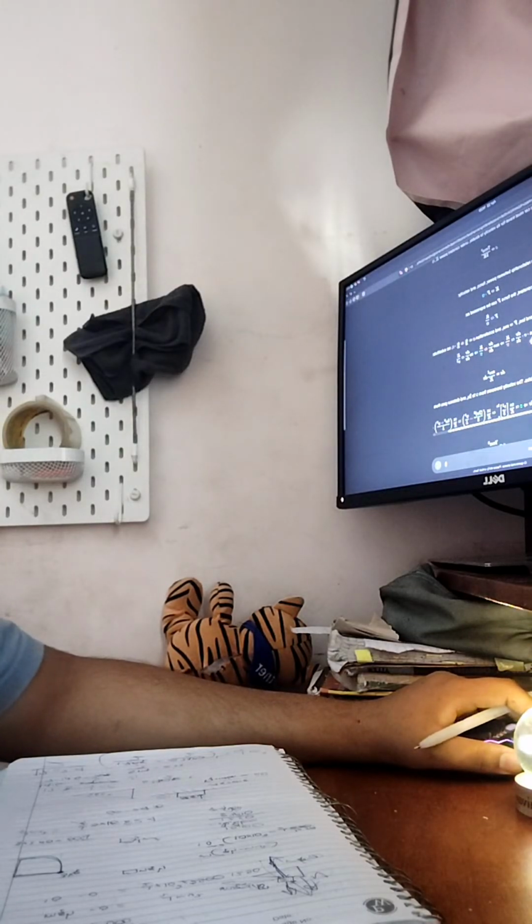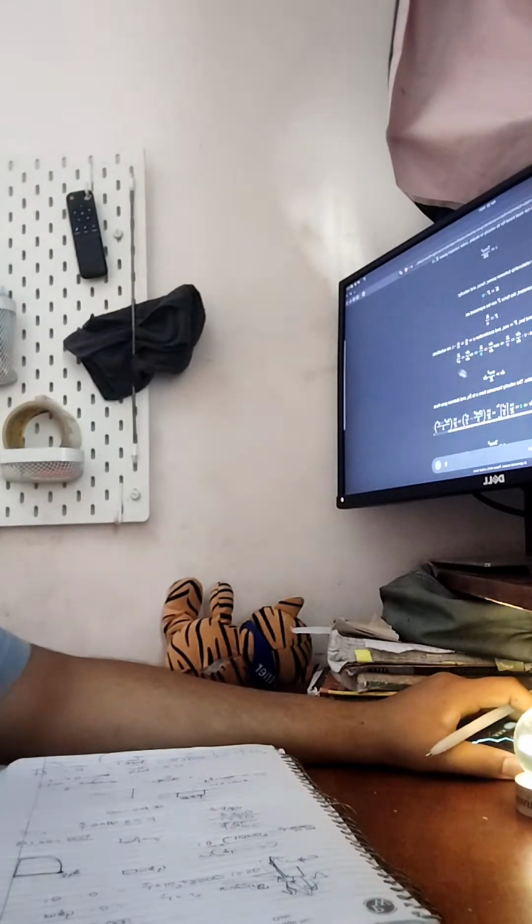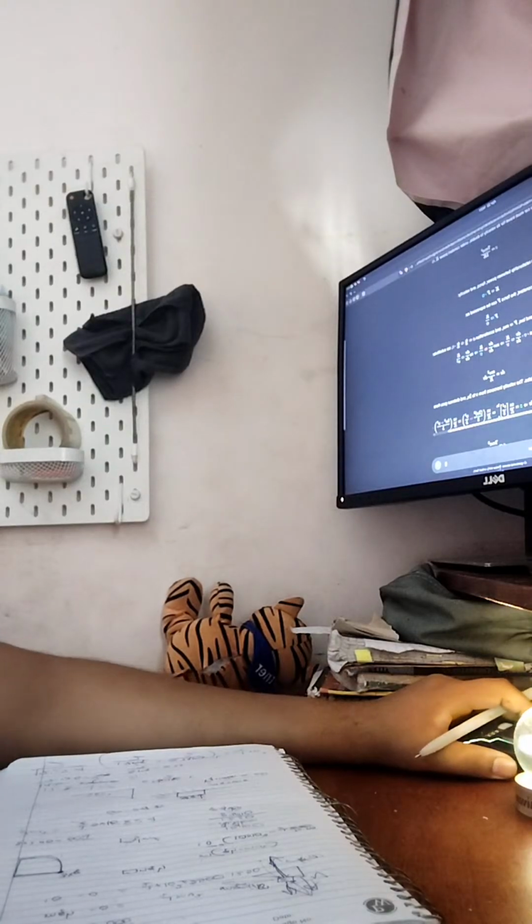So m v dv by ds is equal to K by v. m dv by ds is equal to K by v square. ds is equal to m v square by K into dv.